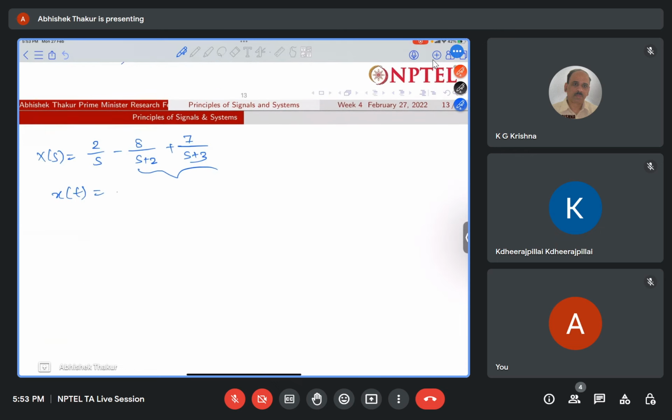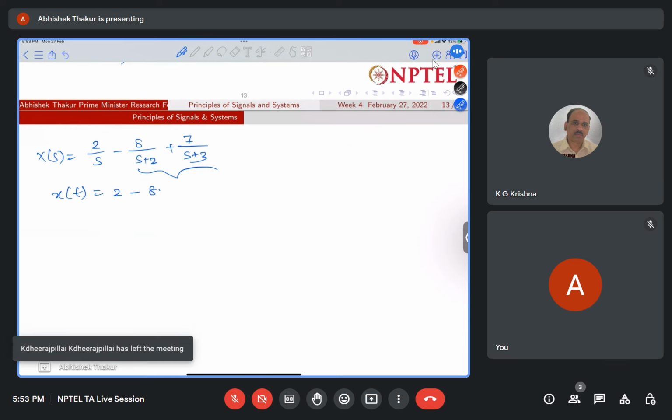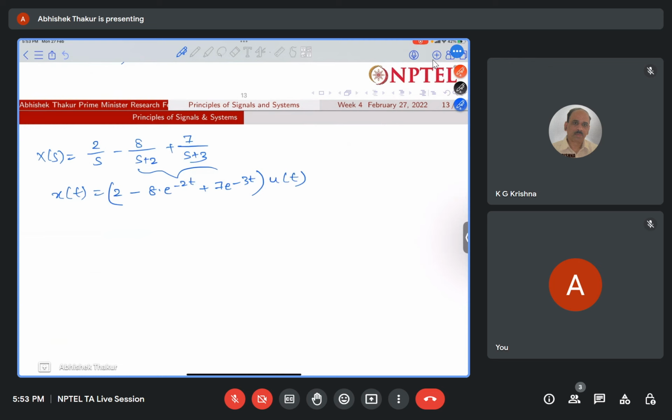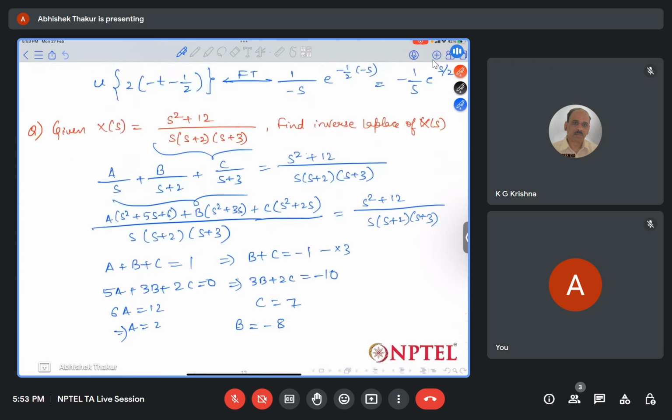So this will be 2u(t) minus 8 e to the power minus 2t u(t) plus 7 e to the power minus 3t u(t). So this is our inverse of this function. We just have to decompose like this, find the coefficients a, b, c, and find the value. We can take one more example. This time, it is of a different type.